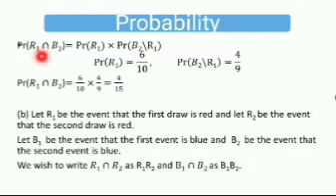The probability of R1 intersection B2 is equal to the probability of R1 multiplied by the probability of B2 given R1, because this one is conditional probability. By the time R1 is already taken, it will affect the outcome of B2.